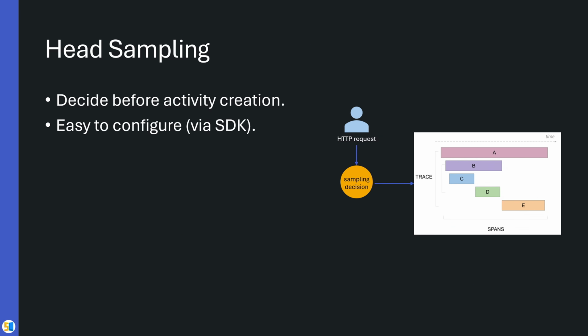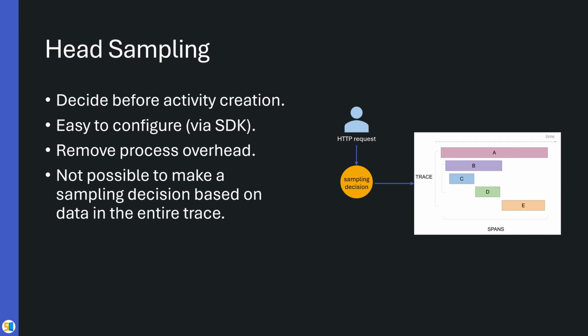It is easy to configure via the SDK in our applications. It removes process overhead because we don't need to compute these traces and spans, and we don't need to store them in memory if we decided not to sample, right?